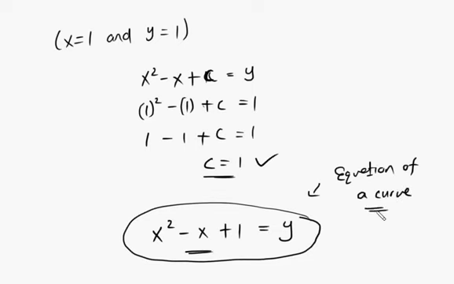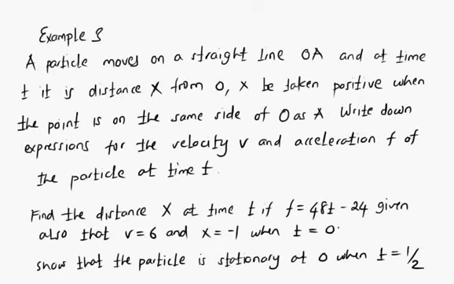Sasa hii equation of a curve tumeipata hapa, haina constant c wala nini. Okay? Inajibu moja tu, so ndo inaitwa the particular solution. I really hope you have understood. Let us see this example. If you haven't understood this example, the second example now will totally get you.